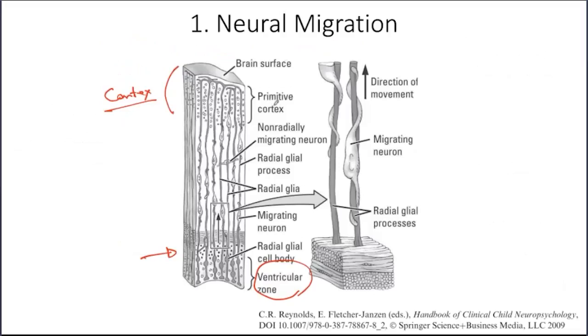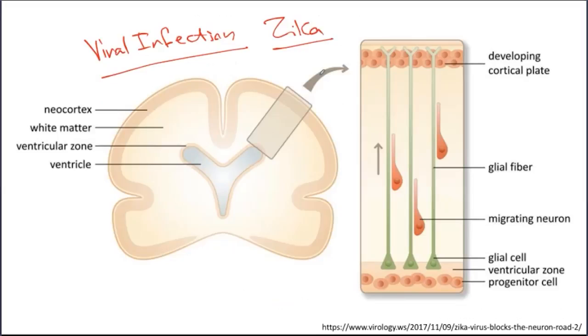But that is the interesting process I told you about, how these neurons migrate to the cortical areas and generate all those 6 layers of cortical structures that we discussed, different layers, if you remember. All those beautifully connected different types of neurons are generated in the subcortical areas, and then they migrate to the cortex.